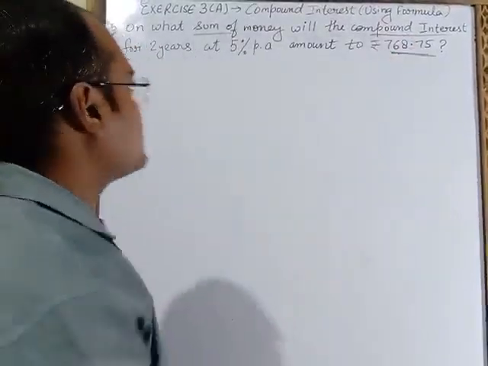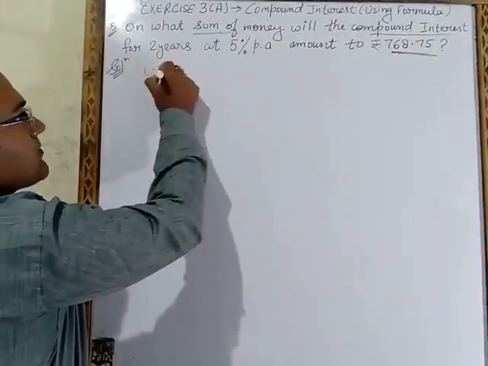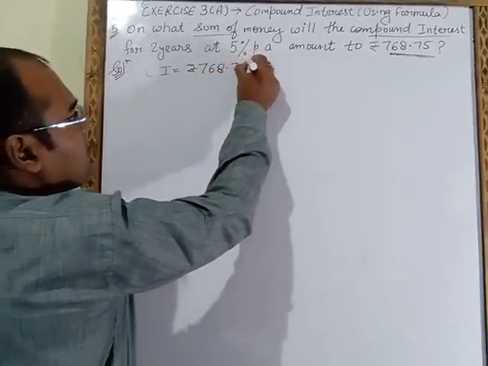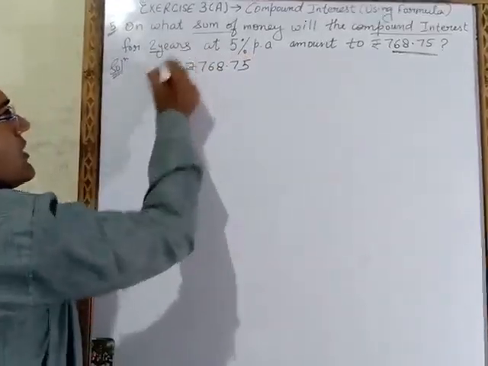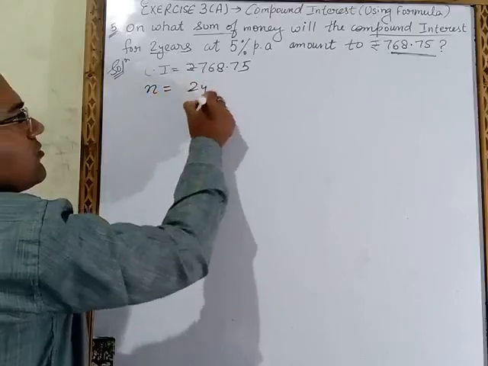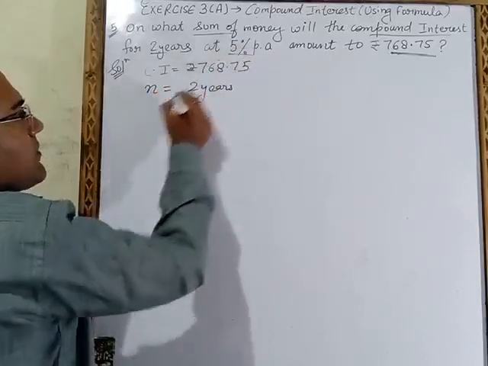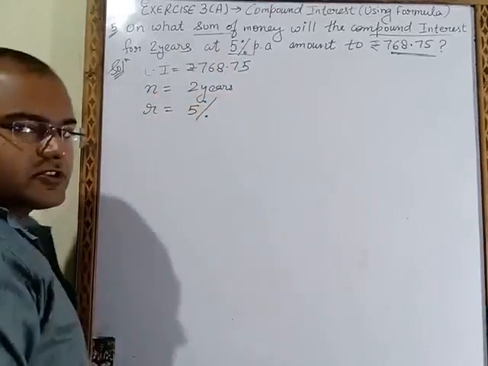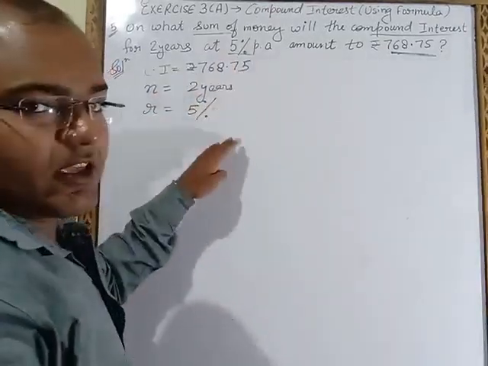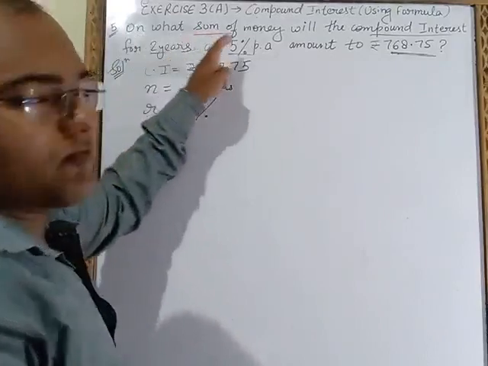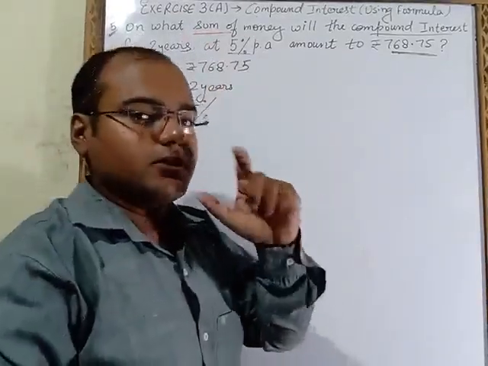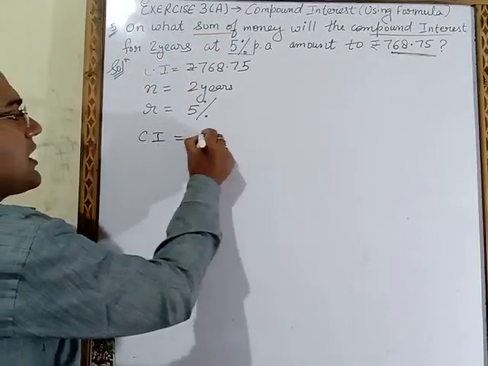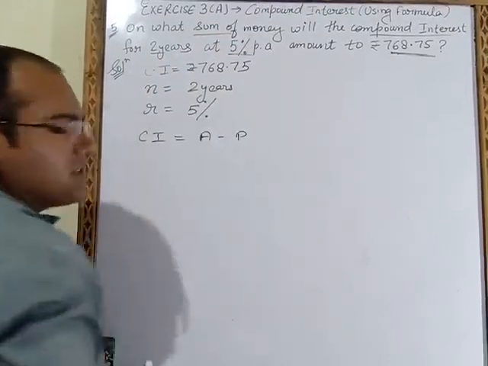So this is CI. CI is rupees 768.75. n value is given, 2 years, and the rate is 5%. So these three things are given, and he said on what sum of money, that means we have to calculate the principal. So the CI formula you know, CI is amount minus principal.